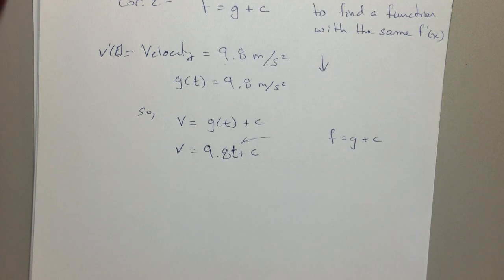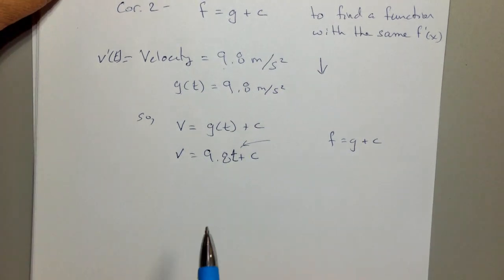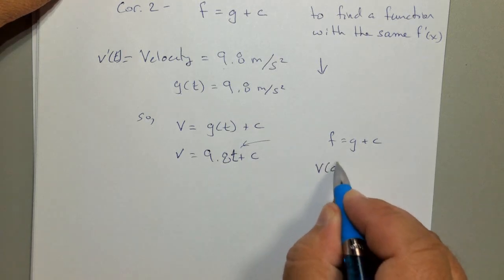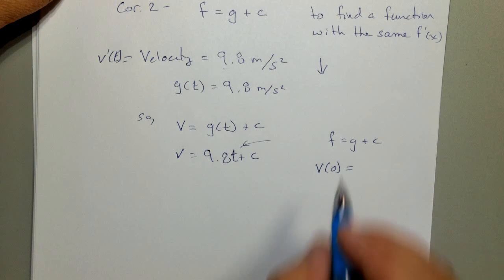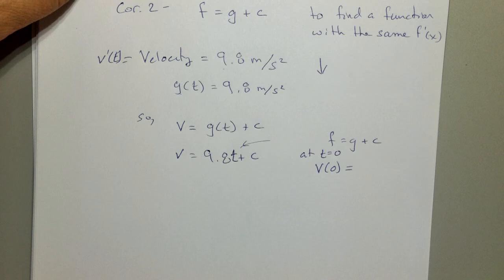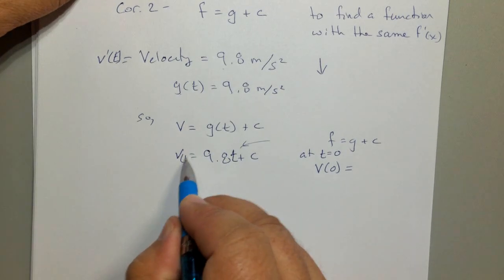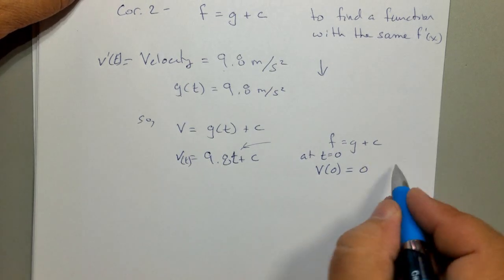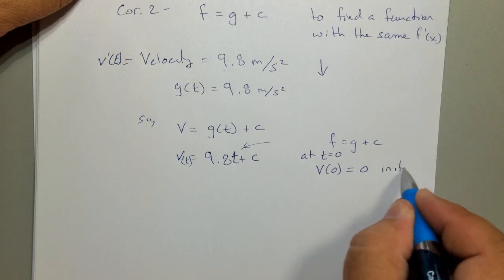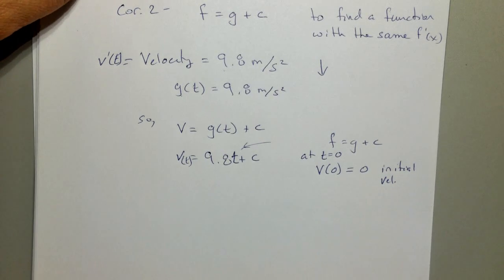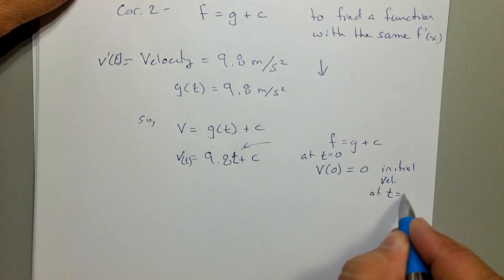Using corollary 2 to solve this, we get what? v equals 9.8 t plus c. When time is 0, what do we get? At t equals 0, what do we get? That's the initial velocity at time equals 0.